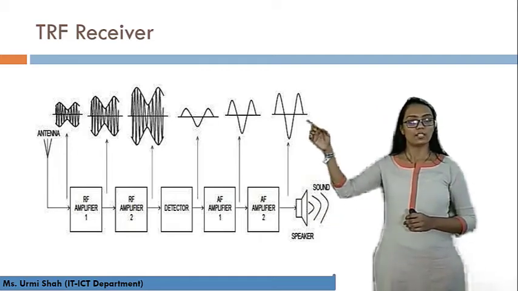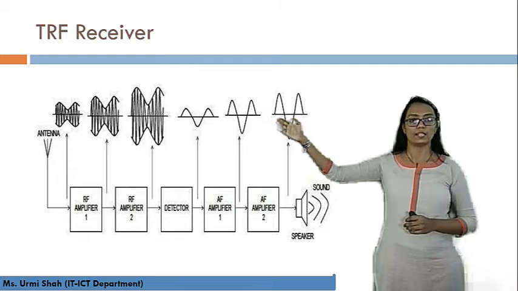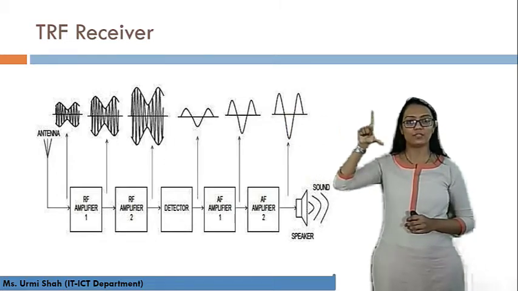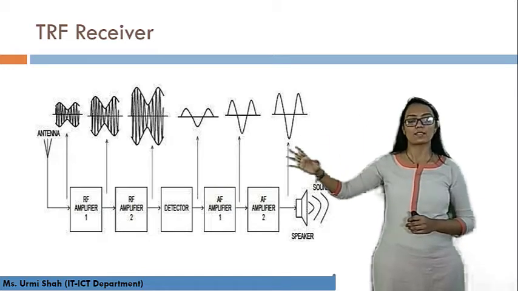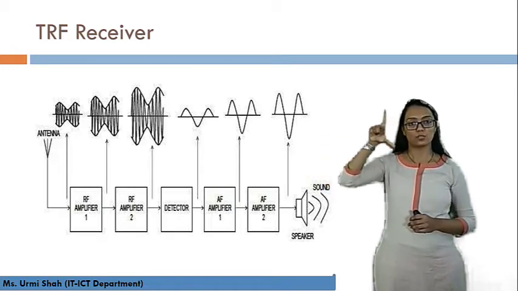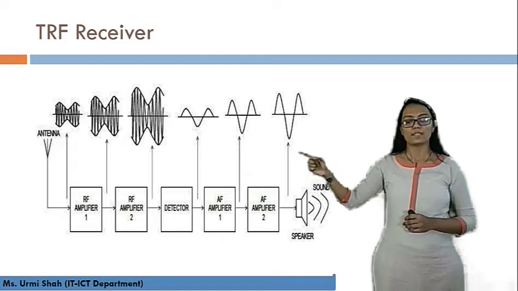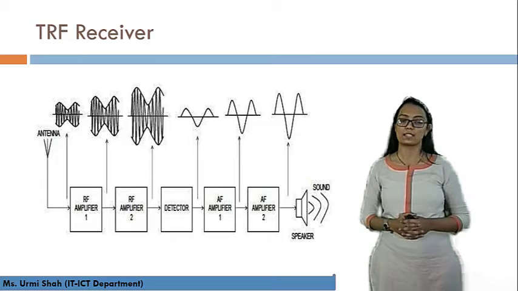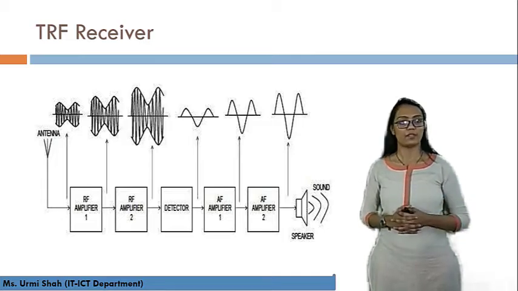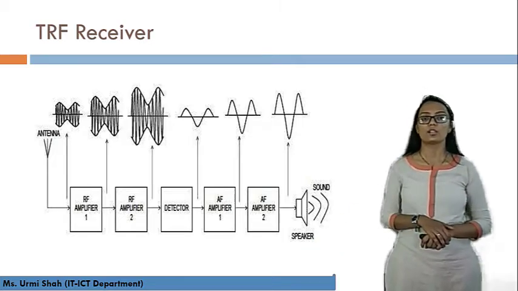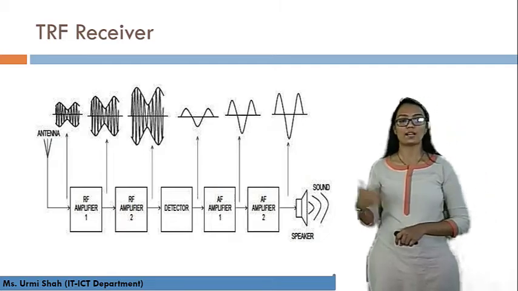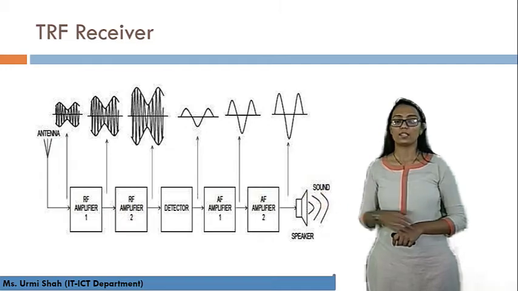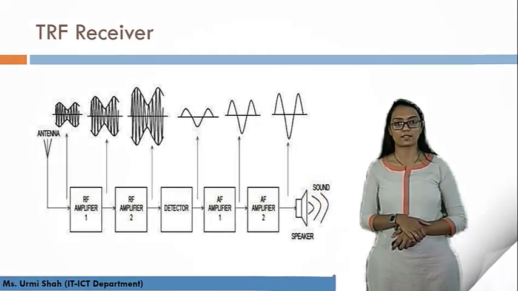You can see over here, initially it was highly modulated, then we pass it on to the RF amplifier so it is slightly amplified, then again to the RF amplifier so it is more amplified. After passing through the demodulator part, it is retrieved in the form of the message signal and it is further amplified. So this is our original signal which is passed on by the TRF receiver. This way the TRF receiver works.